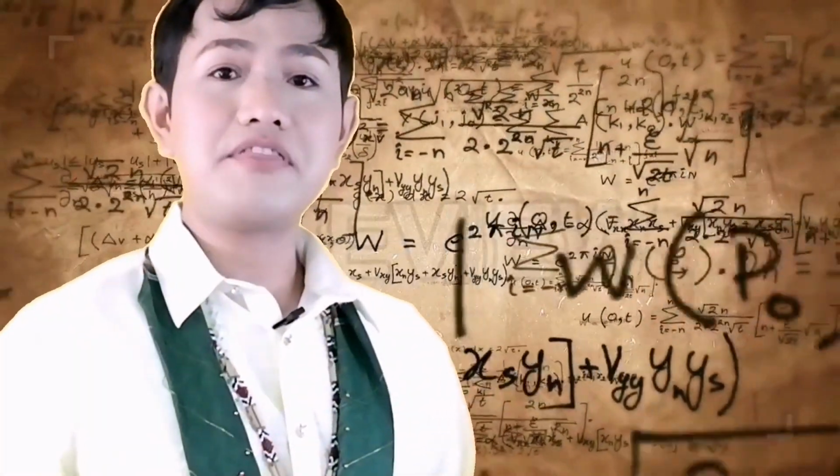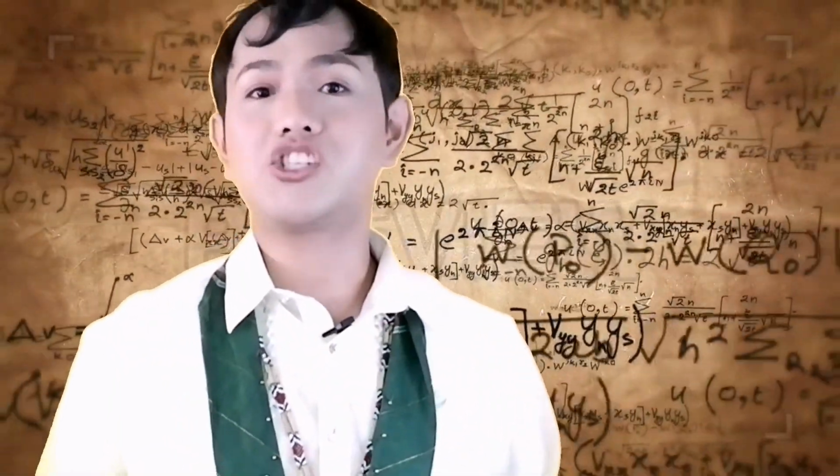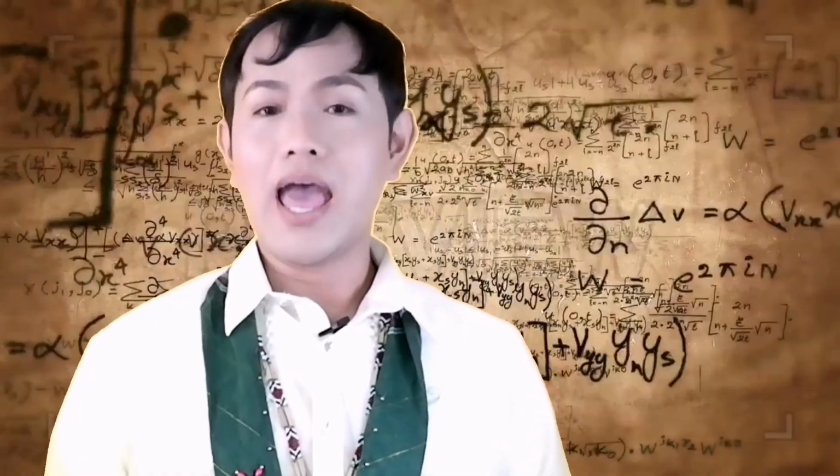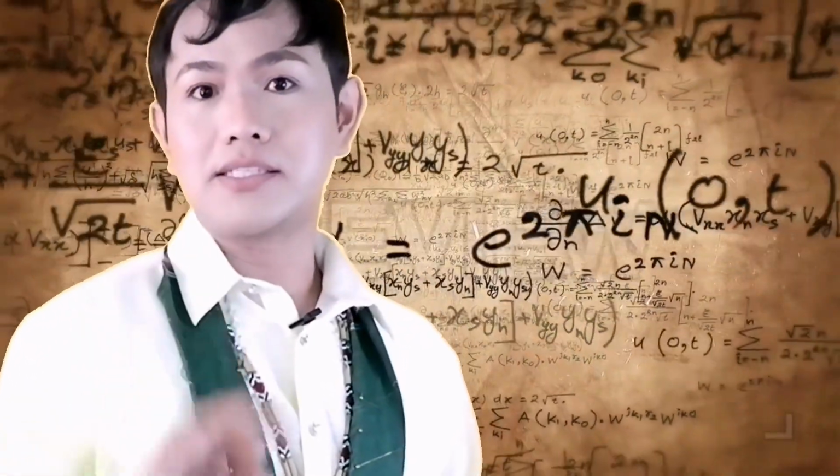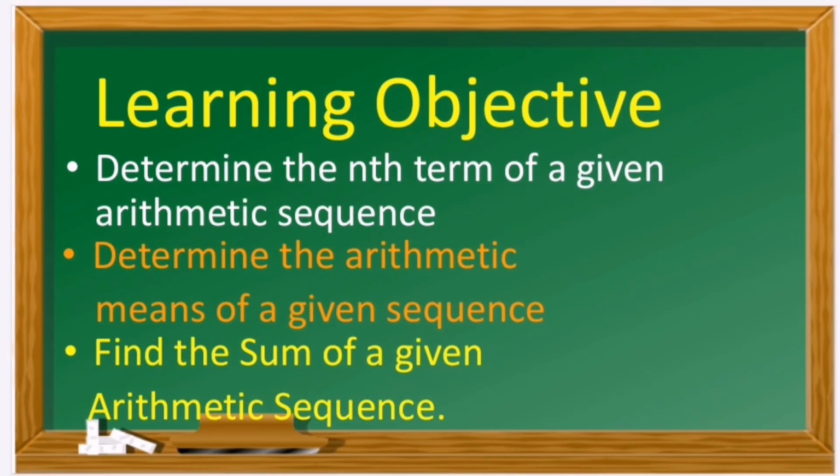At the end of this day, I am pretty sure, apart from being pretty, that you have learned 3 things. First, finding the nth term of a given arithmetic sequence. Second of all, using the formula a sub n equals a sub 1 plus the quantity of n minus 1 times d to determine the arithmetic means of an arithmetic sequence.